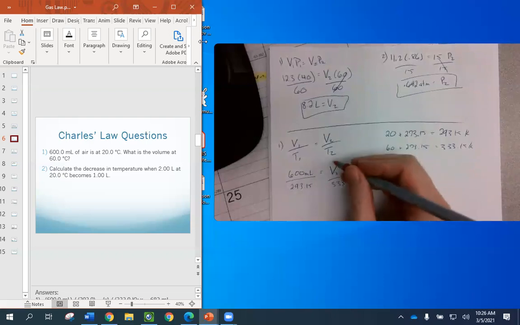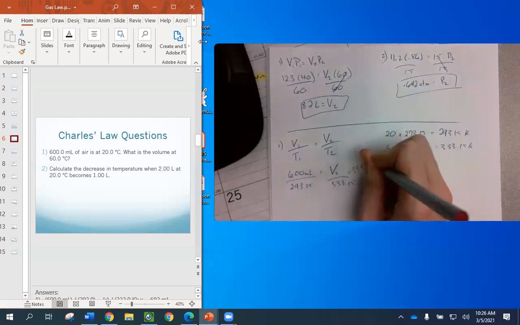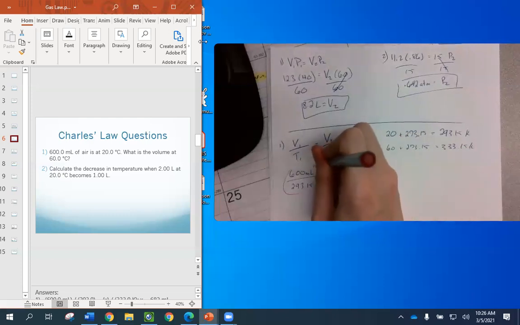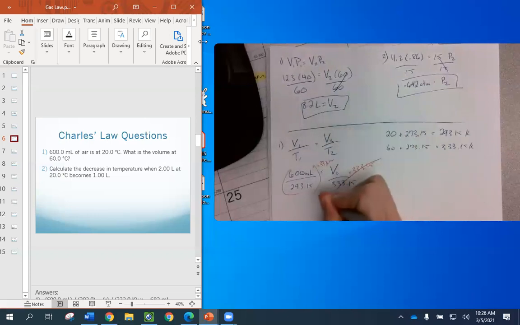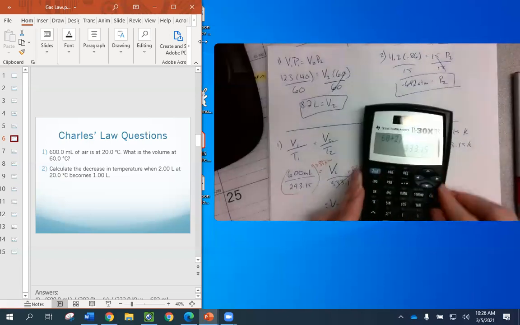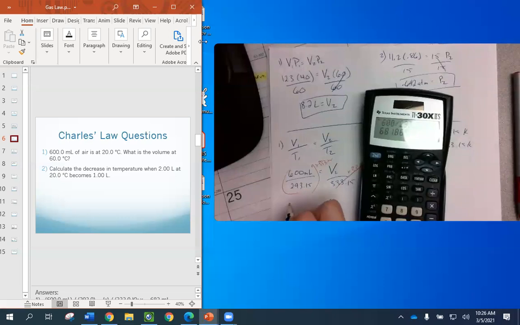But anyway, I need to isolate my V2, so I'm going to multiply by 333.15. That cancels out. And then I take the whole other side and multiply it by 333.15. And then in my calculator, I'm just going to do 600 divided by 293.15 times 333.15, and I get 681.